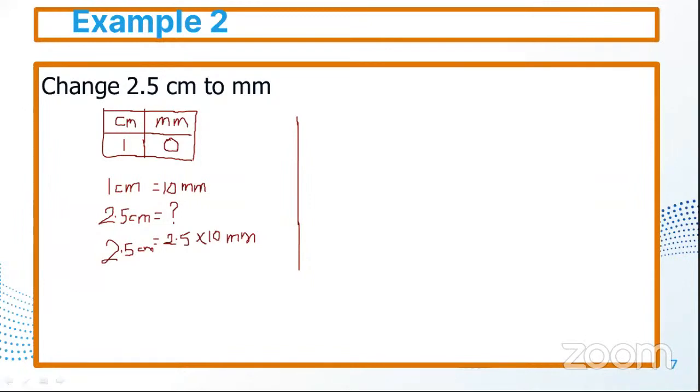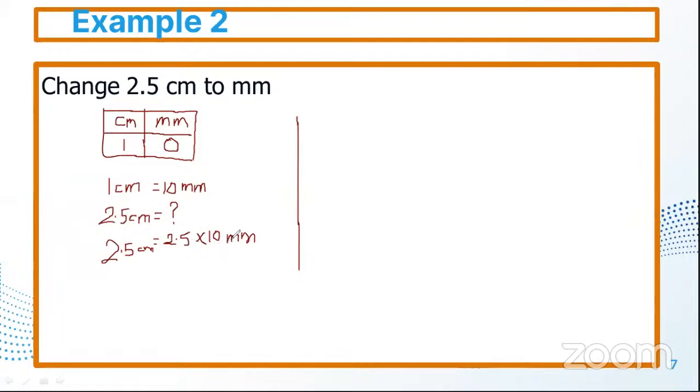Daniela, do you have any idea of how we shall multiply that 2.5 times 10? Okay, Graham, do you have any idea? Yes, Graham, do you have any idea of how we shall multiply 2.5 times 10?